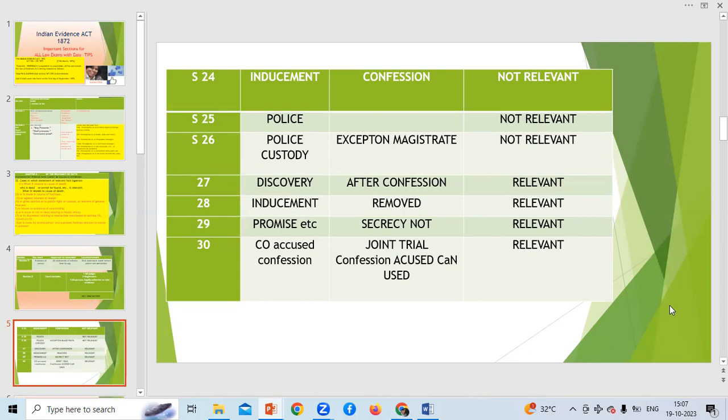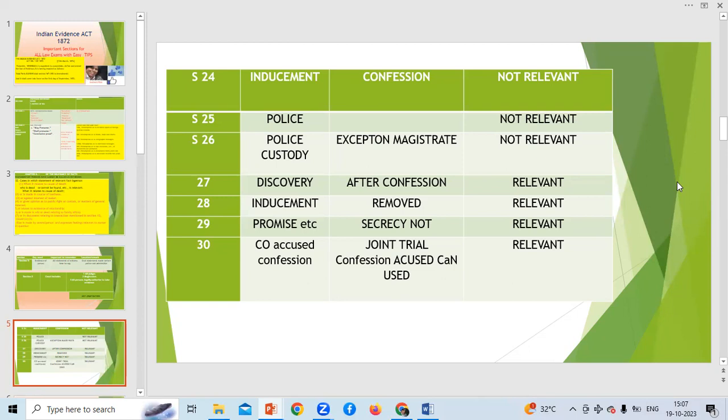It is just a statement, not confession. But there is an exception to section 26. When the confession is given before the magistrate, it will be relevant. So please remember this. Section 26 exception आहे.